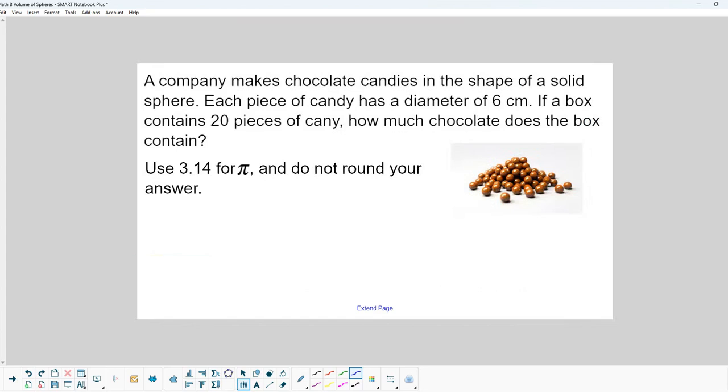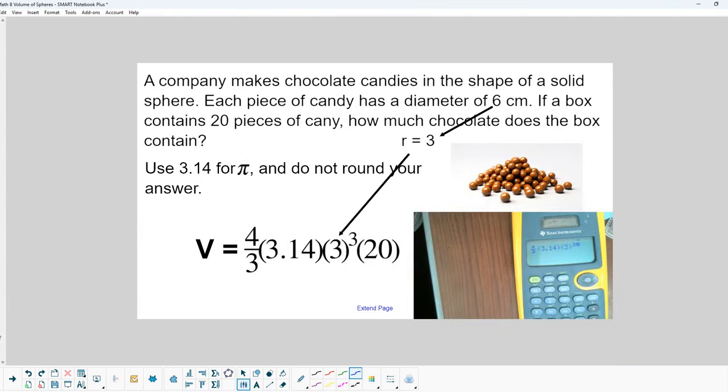Okay, on this last problem, we're talking about candy now. So the company makes chocolate candies in the shape of a solid sphere. Each piece of candy has a diameter of 6 centimeters. If the box contains 20 pieces of candy, how much chocolate does the box contain? So when we put that in our formula, we've got 4/3 times 3.14 times 3 cubed, because we have a diameter of 6, so the radius is 3.